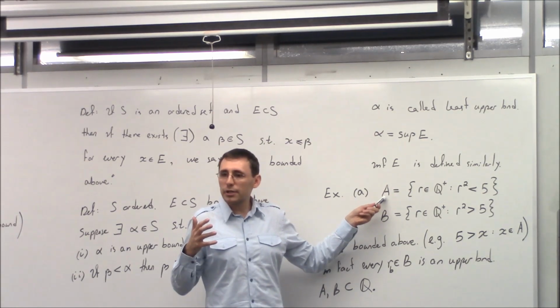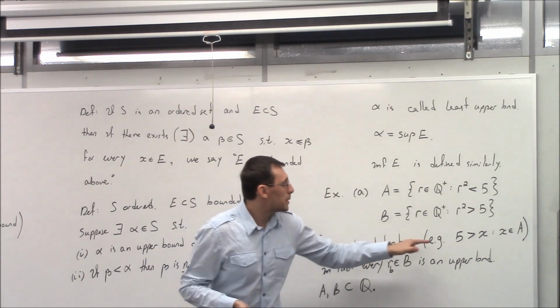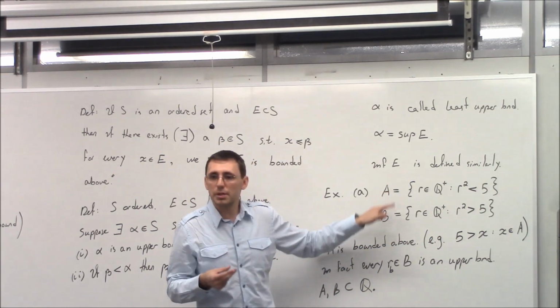A is bounded above. You gave the example that 5 is an upper bound. In fact, for every number you will find two possibilities, right?